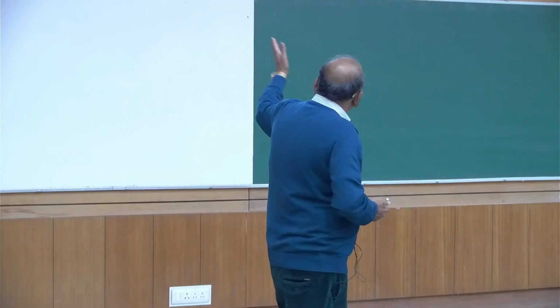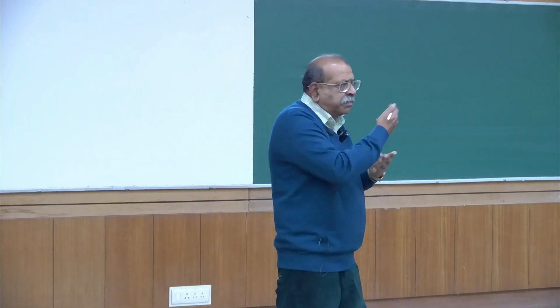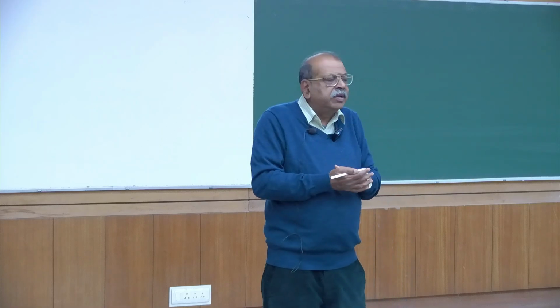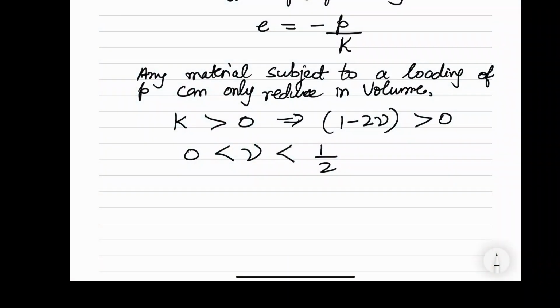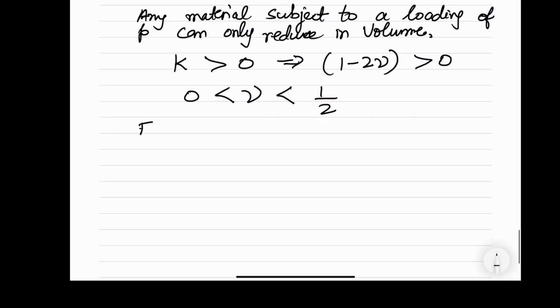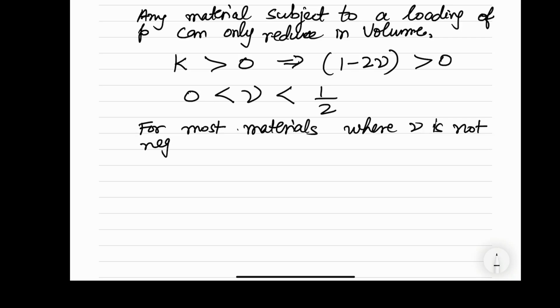So the maximum value of nu, at least the maximum one can get from this, will be equal to half. So this is how we establish this upper limit on nu. Is that fine?